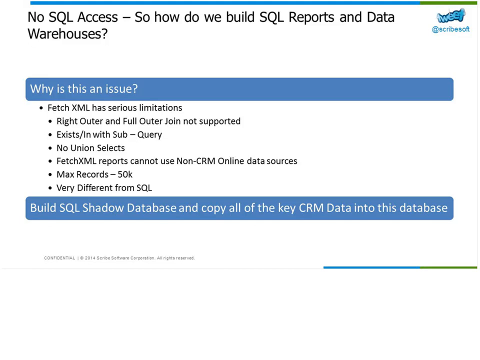Now with Scribe Online, with the replication product, that is automated. It is specifically made for getting your CRM Online data, whether it's the whole database or an entity-by-entity level, to an on-premises database. And then if the schema changes, it is modified in our on-premises database for us.